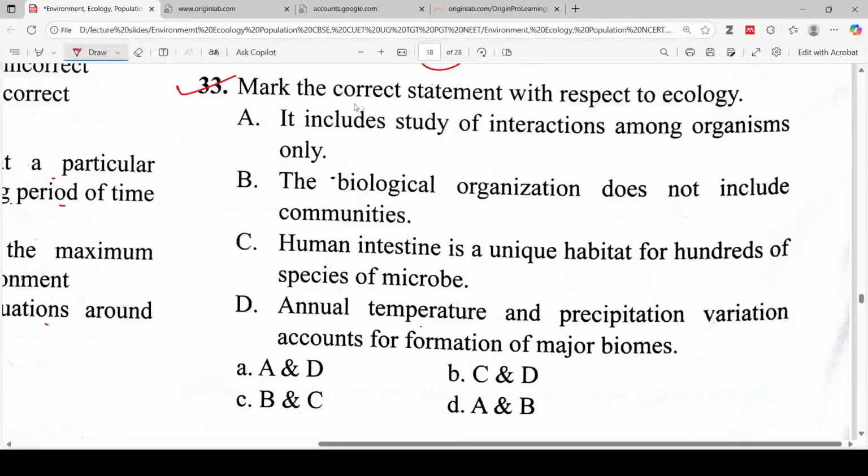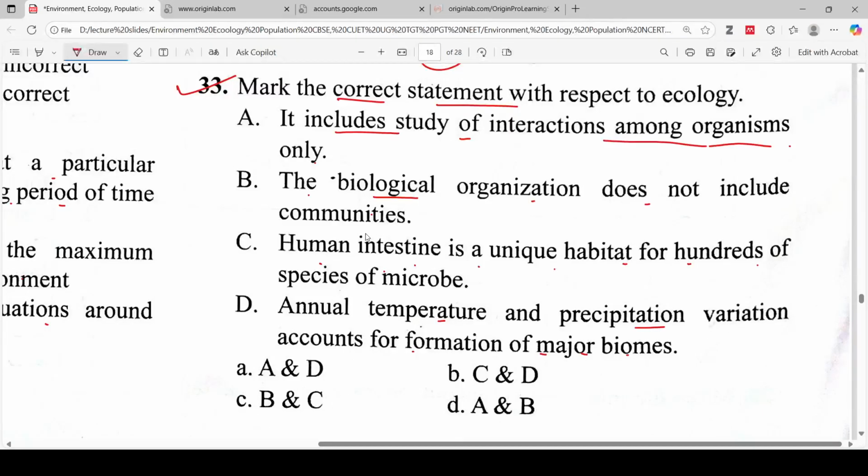Next question. Mark the correct statement. Again, you have to choose the correct statement with respect to ecology. It includes study of interaction among organisms only. The biological organization does not include communities. Human intestine is a unique habitat for hundreds of species of microbes. Annual temperature and precipitation variation accounts for formation of a major biome.